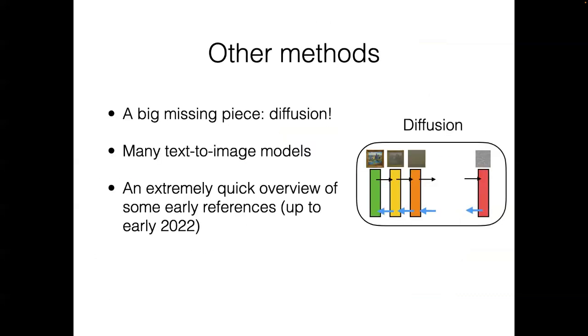So then a big missing class of models when it comes to images that I didn't have time to talk about, and in the future I'd probably want to do an entire lecture on, is diffusion. There's been a lot, especially of these text-to-image models.